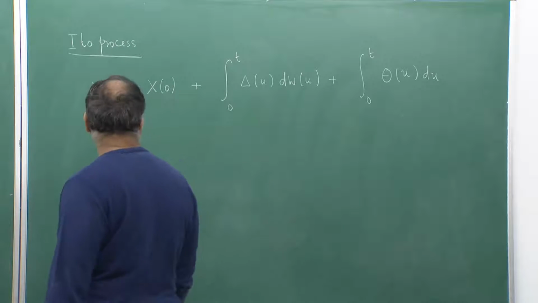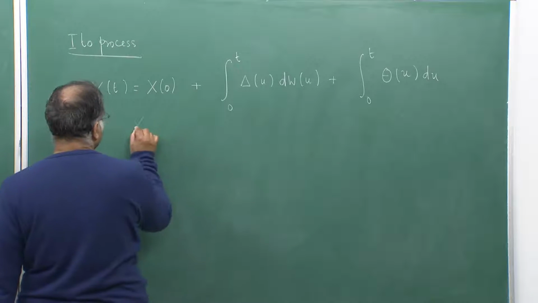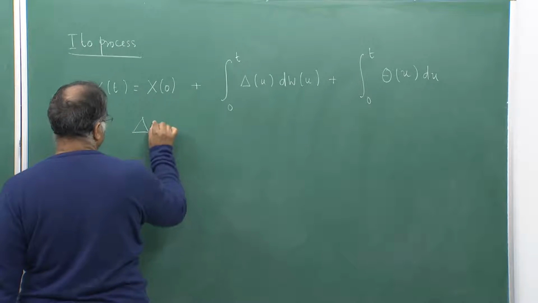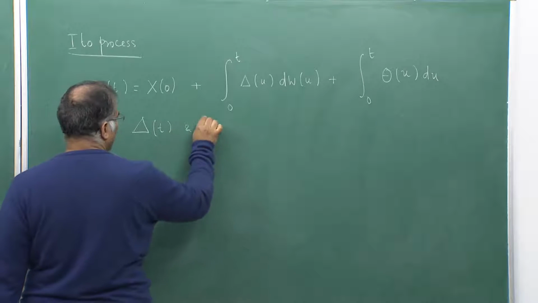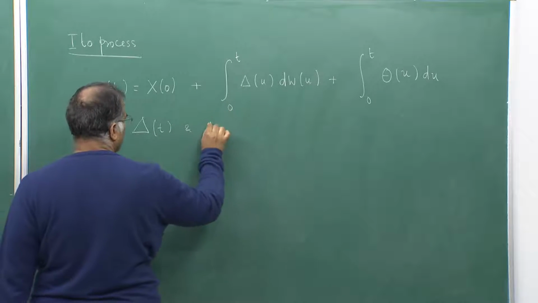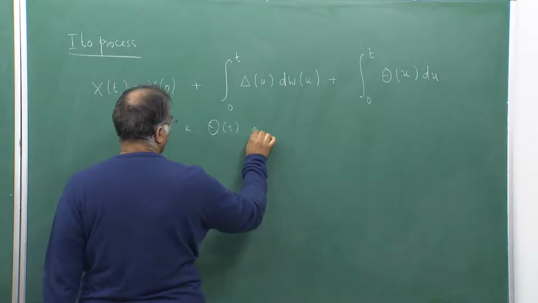So, xt is a stochastic process where delta t and theta t are processes.